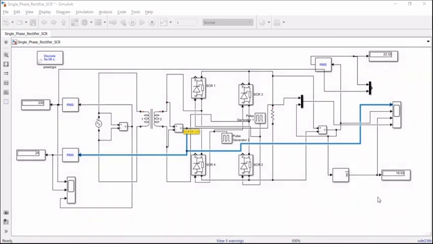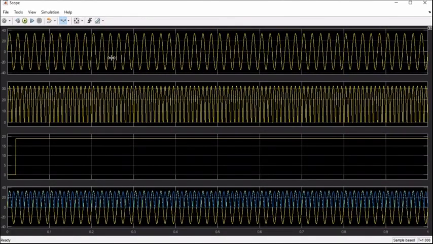Now the simulation is done. Here we can see the average output voltage value, and we are seeing the RMS output voltage value. If we double click the scope, we can see the complete simulation output.